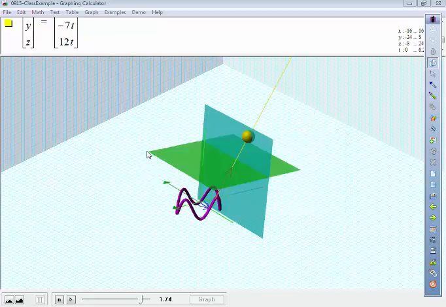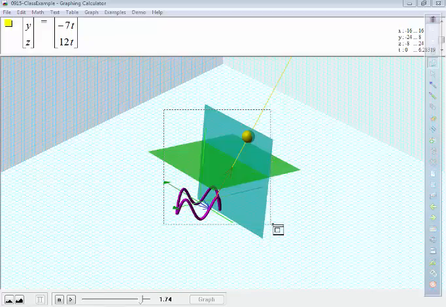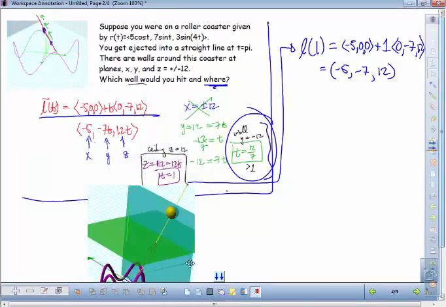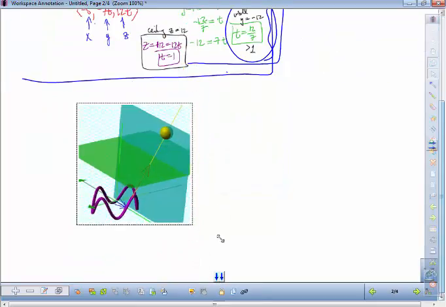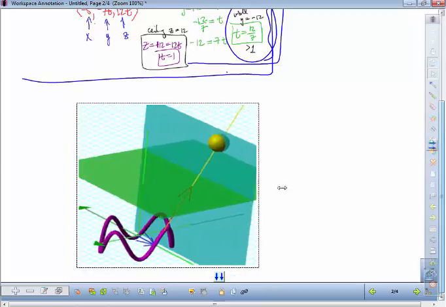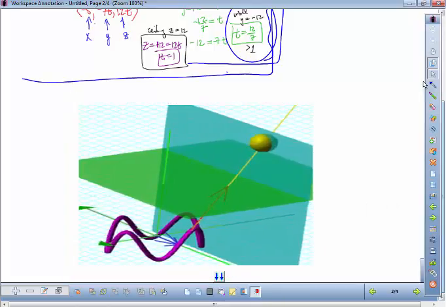I think this is about as good a viewpoint as we can get. So this is your roller coaster.